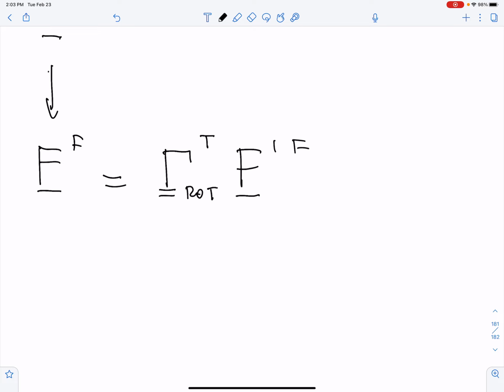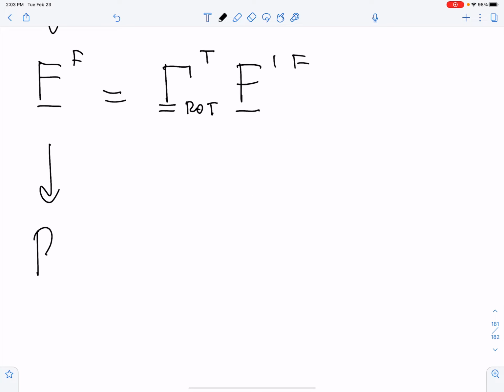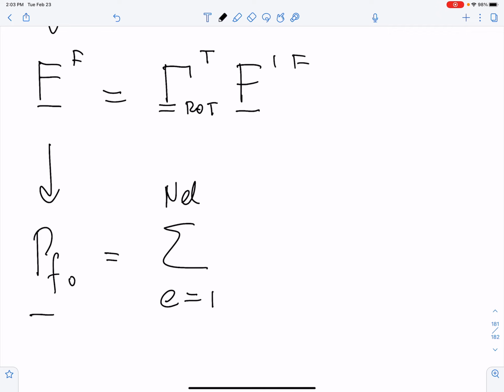Okay. And from there, you go to PF0, structure level. What does that look like? Using the formal expression and Boolean matrices, you get the sum over E equals 1 to NEL. For every element, you grab its Boolean matrix associated with 3 degrees of freedom, you put a transpose, and then from every element that has a distributed force in it, you grab the corresponding force vector, which is obtained by rotating the local one, like this.